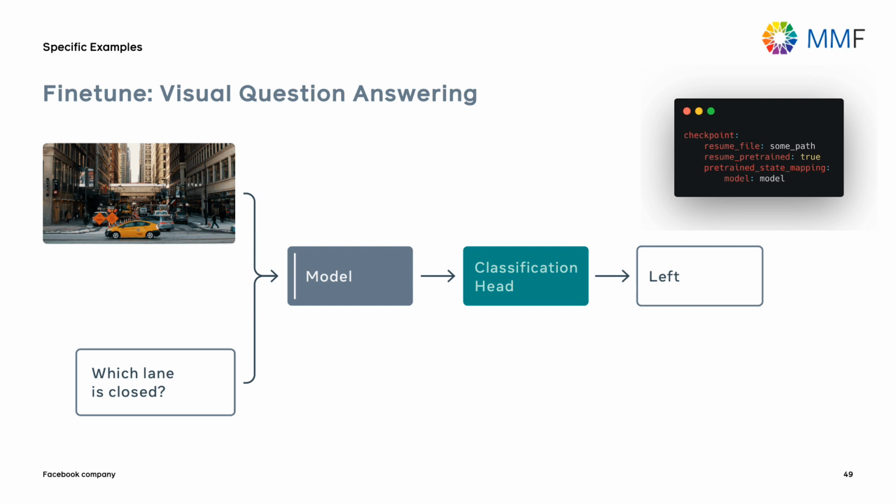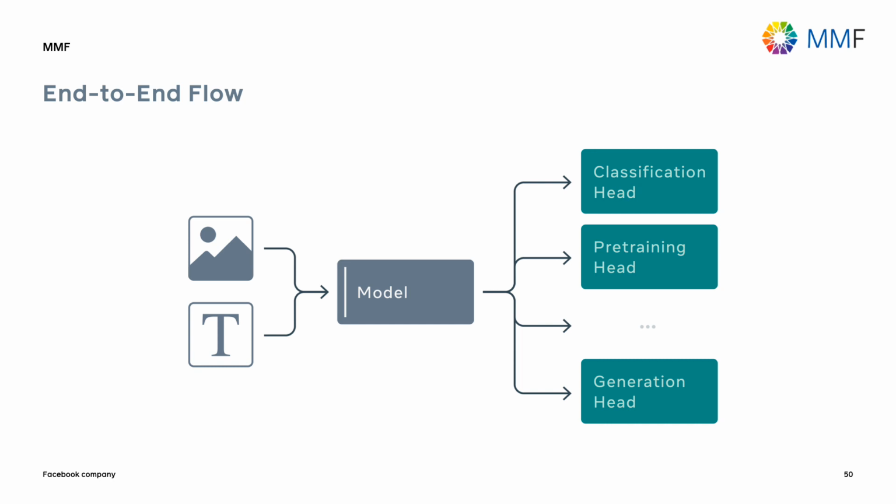In checkpoint, you say that this is my resume file, the pre-trained file checkpoint, and then you say I'm resuming a pre-trained model, and then I specify the pre-trained state mapping which maps model to model, so it won't load the head. So after learning through this, it will start classifying this question's answer.